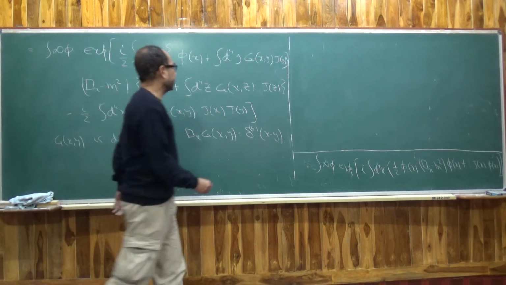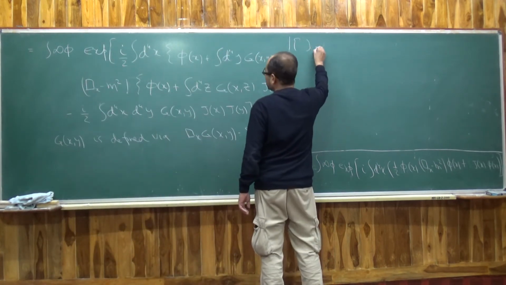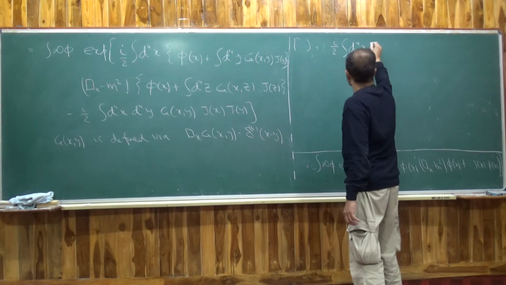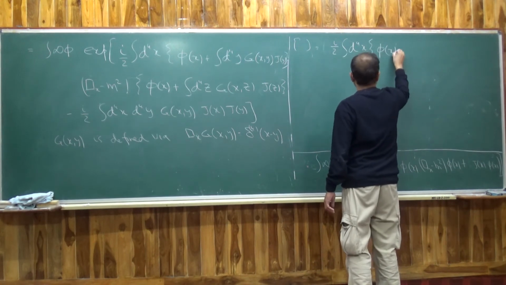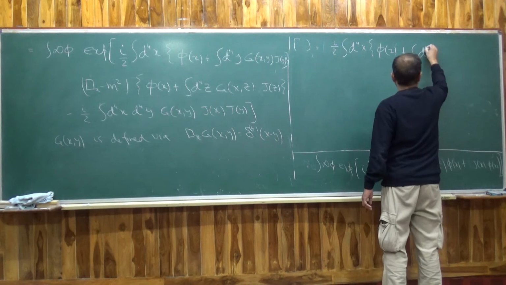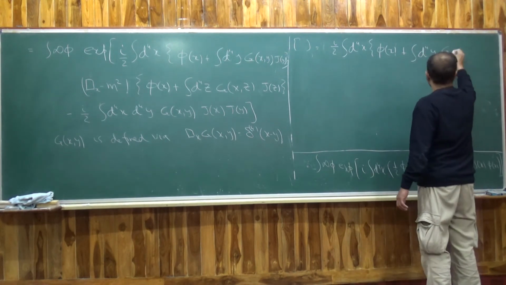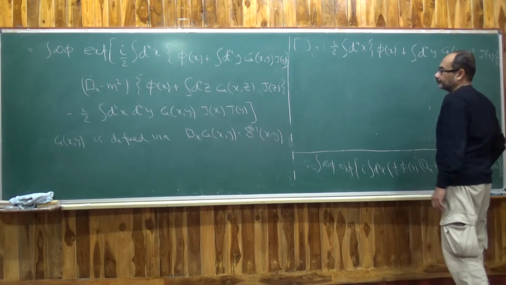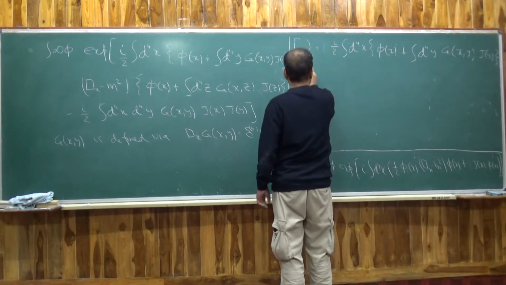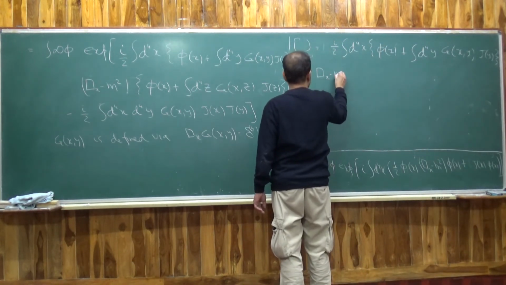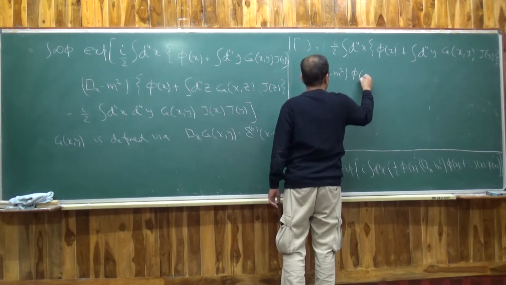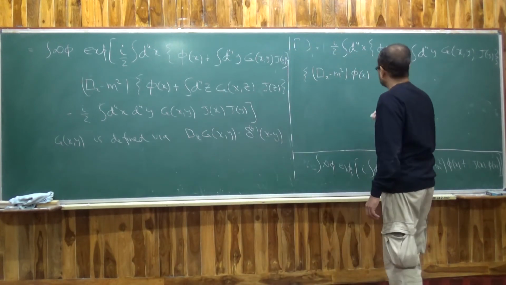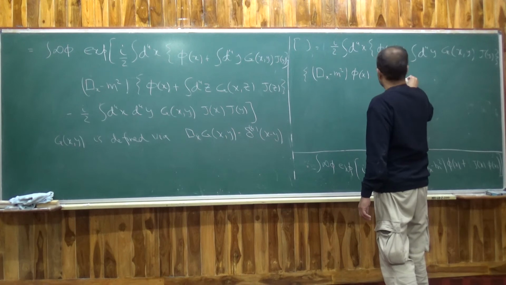Okay. So I can write this one as I by 2 integral d4x, phi of x plus integral d4y g of xy gy, and then box x minus m square phi of x plus g of x.